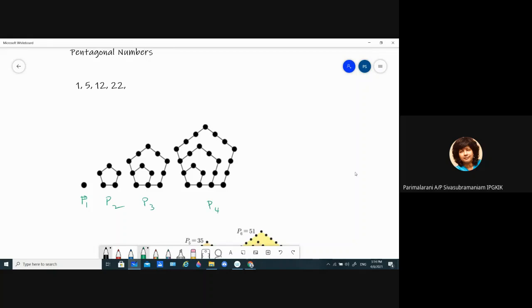So P1, and then for P2, we have added this section here. For P3, we have added this gnomon, and for the next one, we add this one. So we keep adding, and as we add the dots, the shape grows and the number also grows.